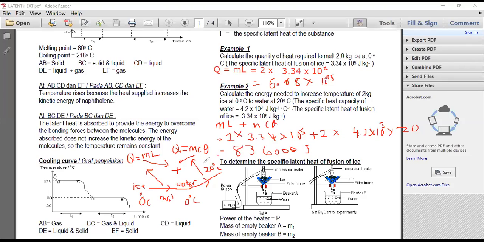You cannot go directly from 0 to 20. You need to melt the ice first and then only increase the temperature.